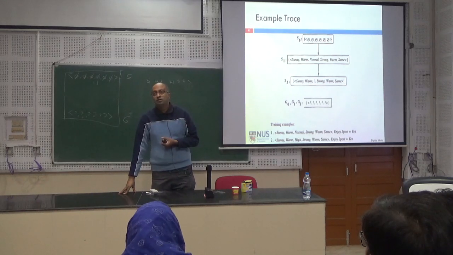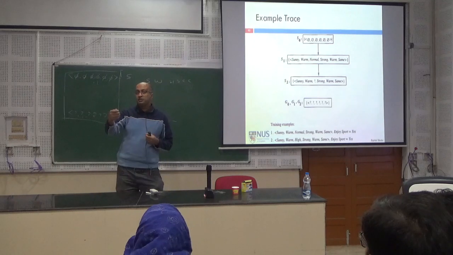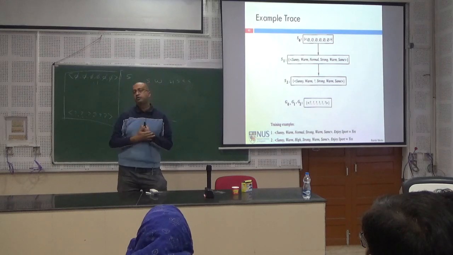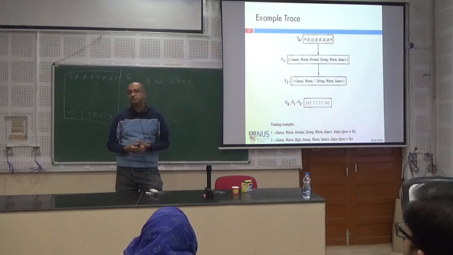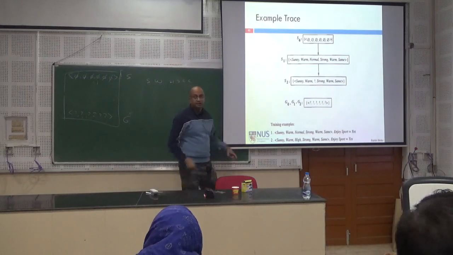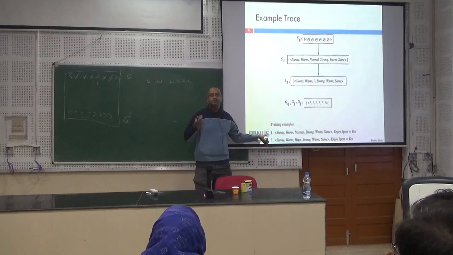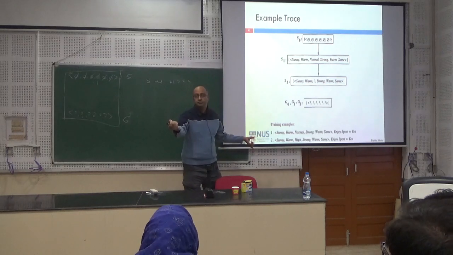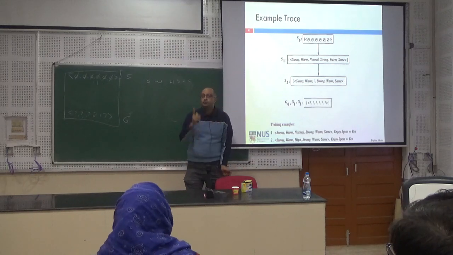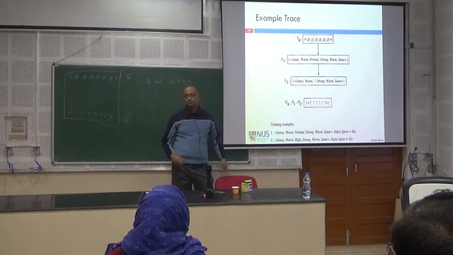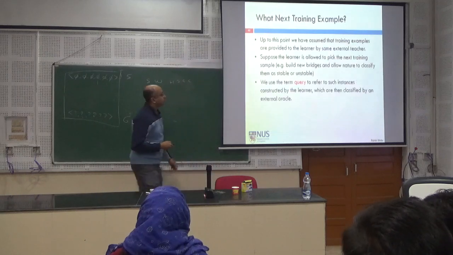So you only want to give a picture which will help you the most in order to learn. You don't want to give some random picture and say, please classify. So that's important later on. If I have the chance to ask a specific question to the teacher that will help me reduce my boundaries, what should the question be like? Which will help me the most. And that's where we are coming here.